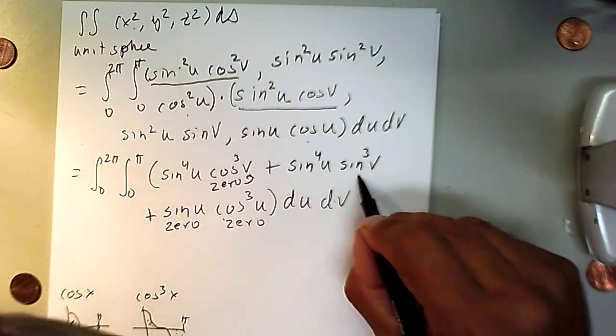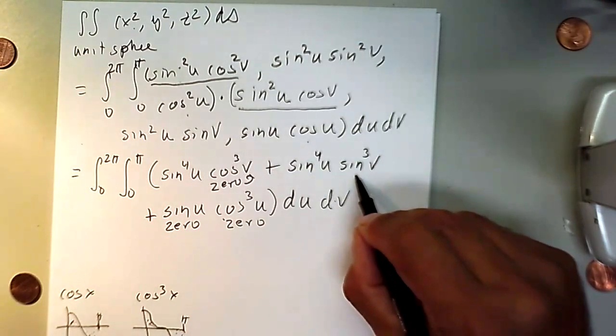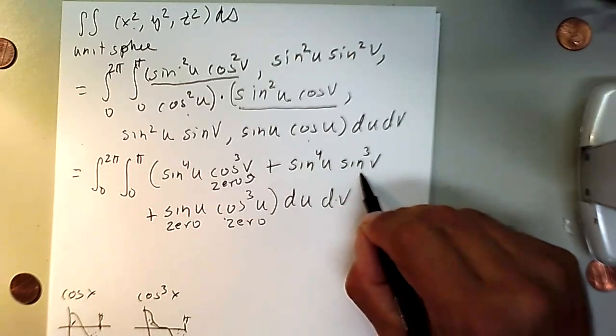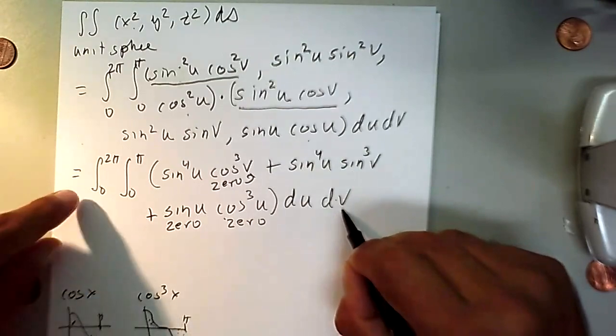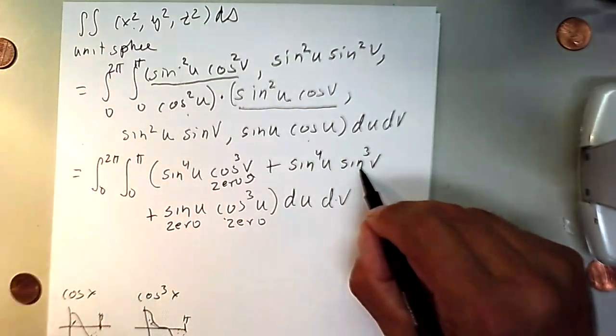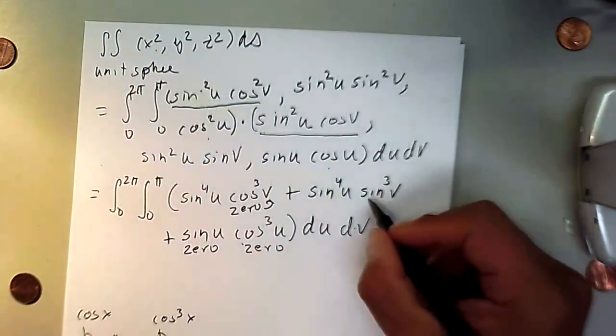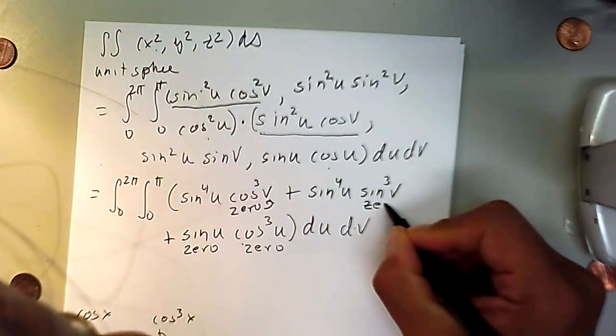Sine of v, v goes from 0 to 2 pi. Sine, so we have this situation. We're going to end up with 0. Let me double check a few of these.